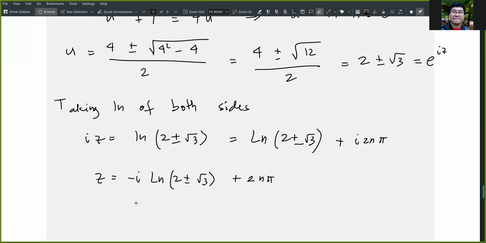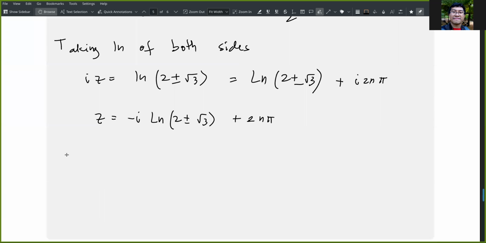Okay, or if you want to rearrange, that would simply be z equals 2n pi, or there's something that we want to add.